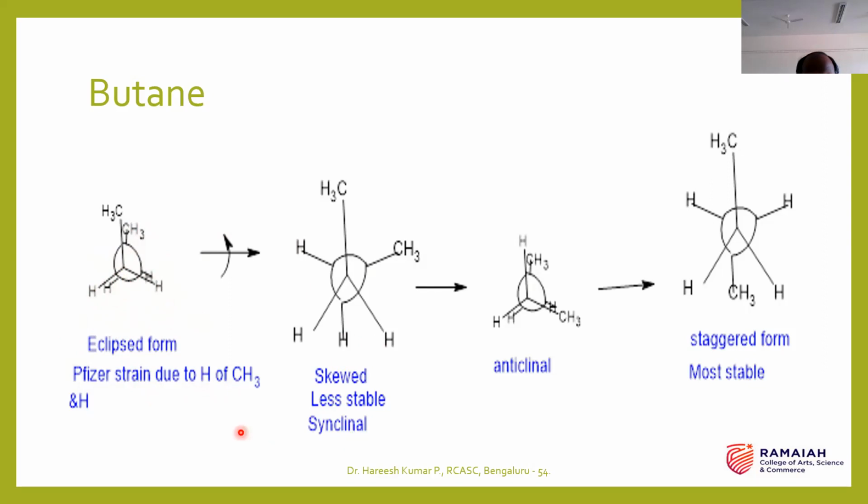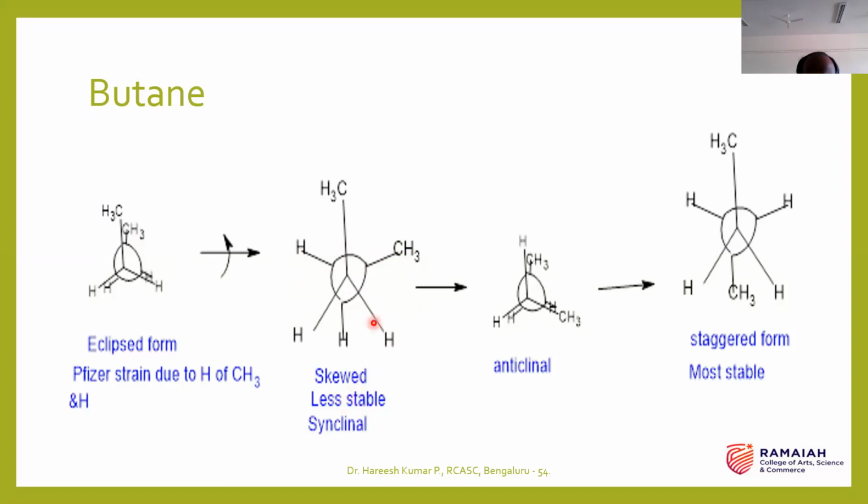This again is called synclinal. So one of the carbons is rotated to this form, and this is called synclinal. Here you can observe that there is a distance between the two bulky groups, so it is a little less stable, but not the most stable.